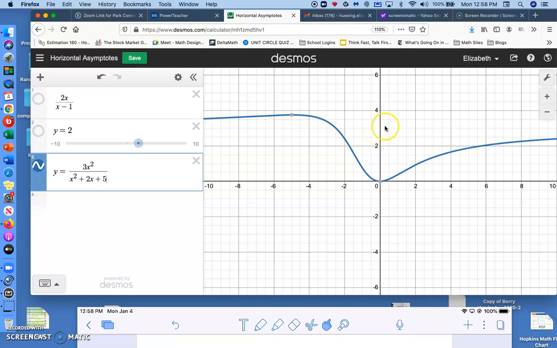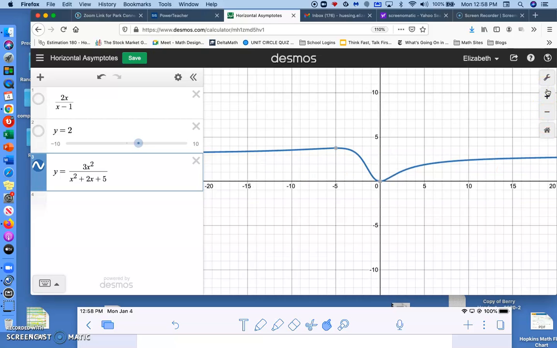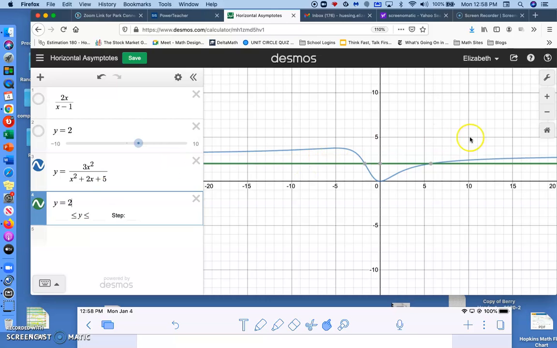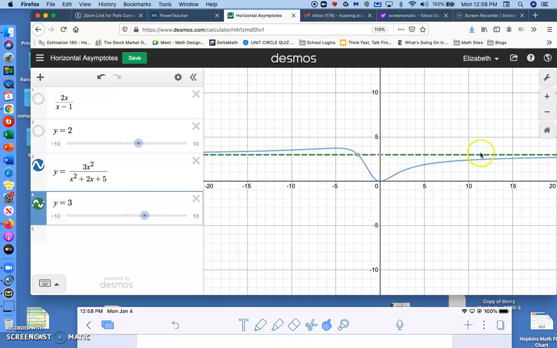Whoa, this is kind of a crazy looking one. But let's see, it still seems to flatten out along something. So where is that happening? Let's try, is it y equals 2? If we zoom out here, I wonder if we can get closer. Is it y equals 3? Oh, that even looks closer. Let's zoom in. Yeah, that looks like where it is.